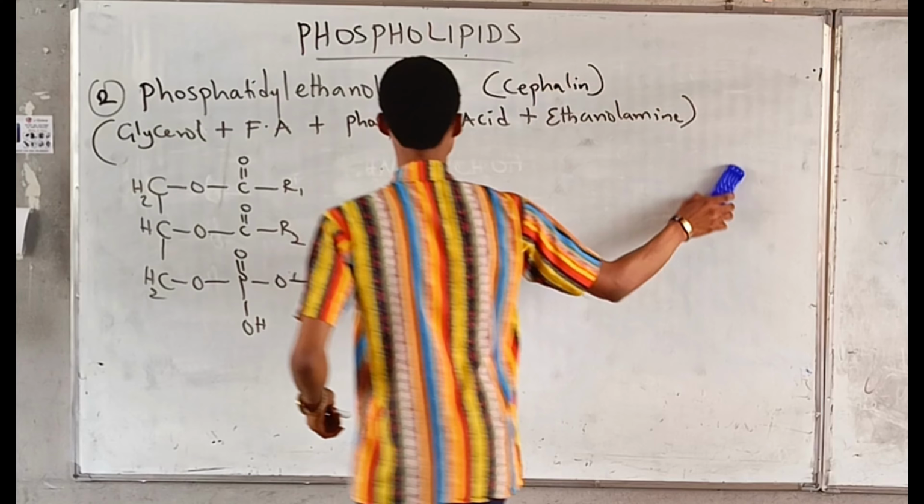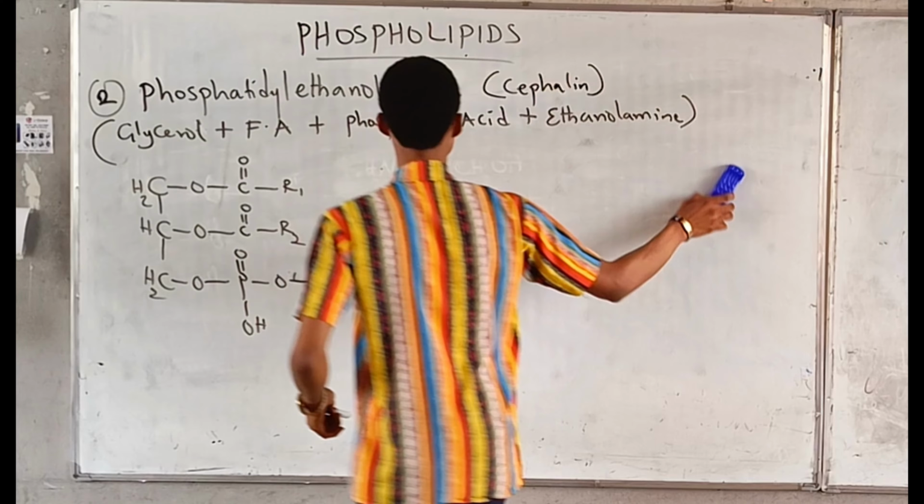But you're not just going to write ethanolamine here. You're going to draw the structure of ethanolamine here. And it's very easy. Now look at this. Ethanolamine, you are hearing ethanol. What's the formula for ethanol? CH3, CH2, OH, right?